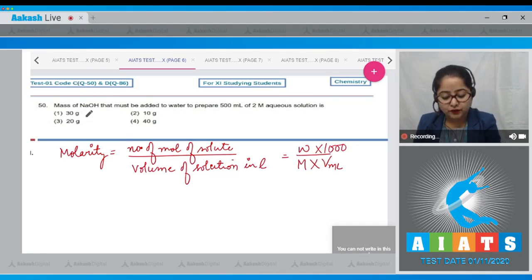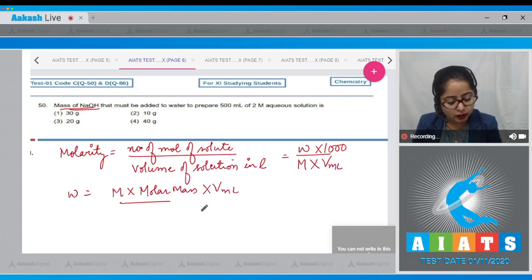Now in this question we have to calculate the mass of NaOH. So we have to calculate W, which is equals to molarity multiplied by molar mass into volume in ml upon 1000. Let's put the values.